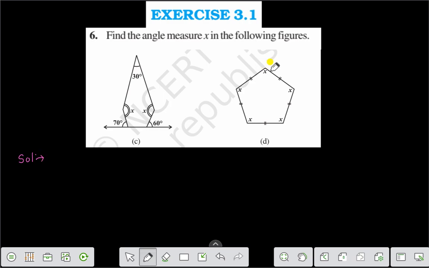In this case, how many sides are there? 1, 2, 3, 4, 5. We found that the sum of the interior angles of a pentagon is 540 degree.